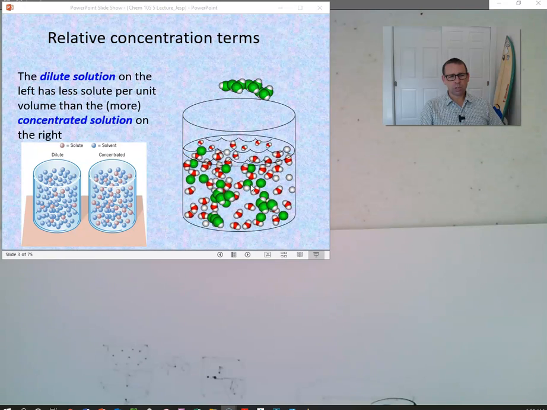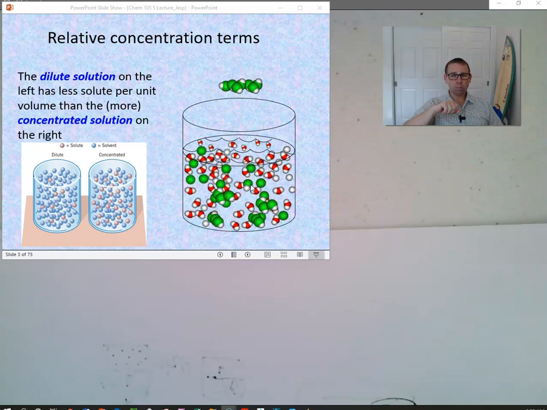Have you ever put so much sugar or cocoa mix, chocolate milk mix, into water or milk and then stirred it up, and the result is a big pile of chocolate milk on the bottom? Have you ever done that? Yeah.